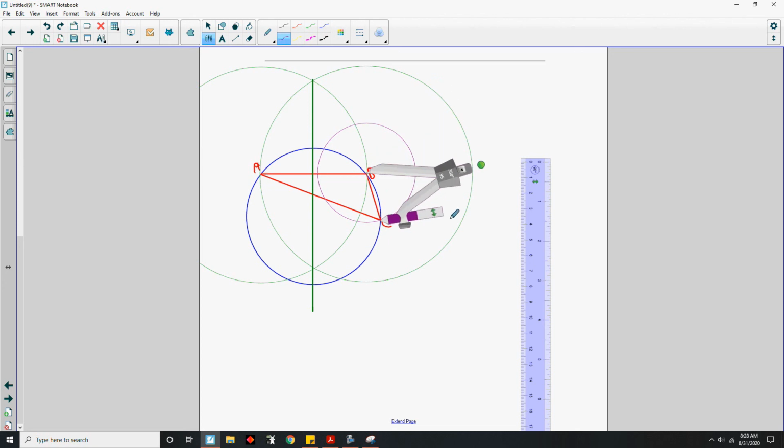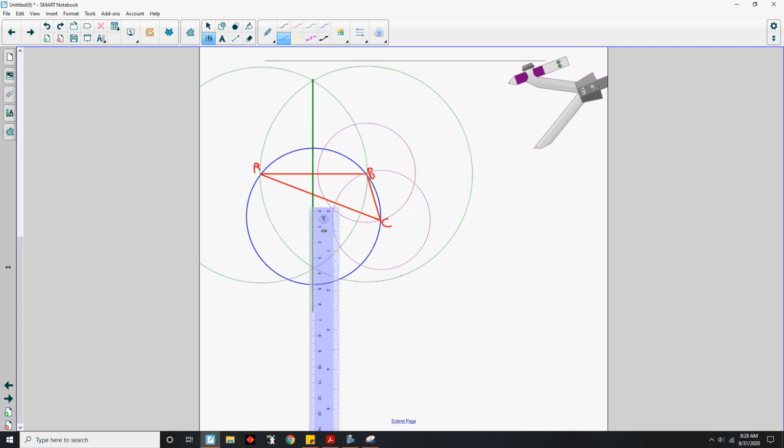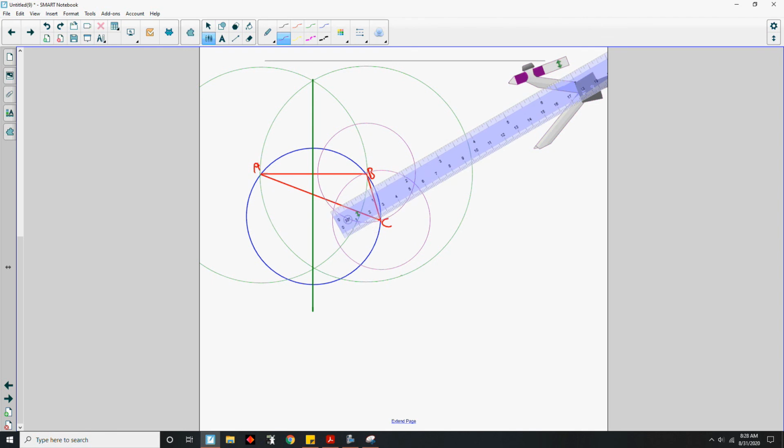Then I rotate it around, centered at C, same radius, draw my two circles, put my ruler on the intersection of my two circles to form my bisector.